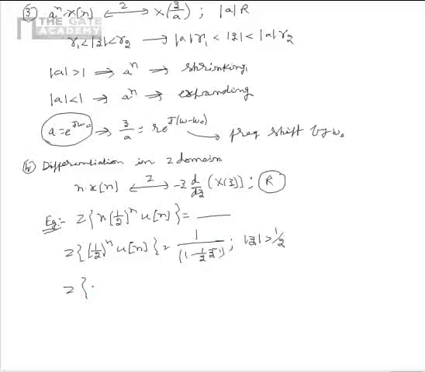Now the z transform of n into 1 by 2 whole power n u of n is equal to minus z multiplied by d by dz of 1 by 1 minus half z inverse, with the ROC as mod z greater than half.